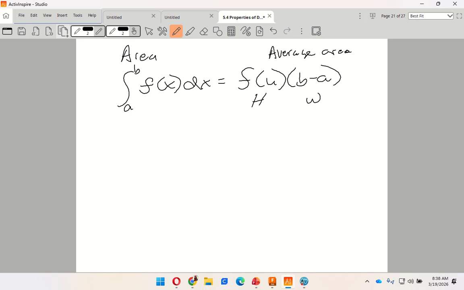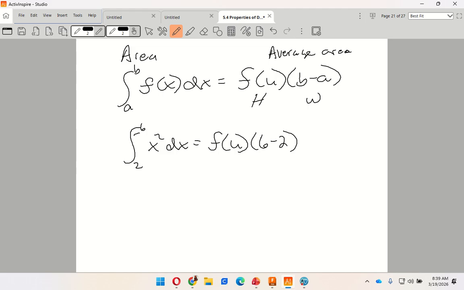Okay, going back to the problem, I'm going to put it back in. So it was from 2 to 6 of x squared dx is equal to f of u.